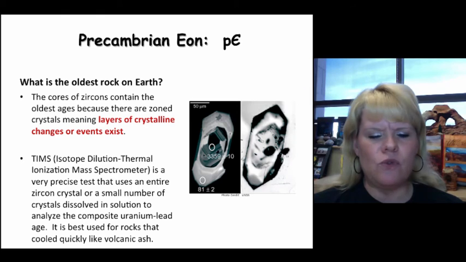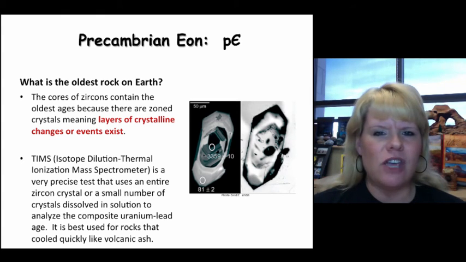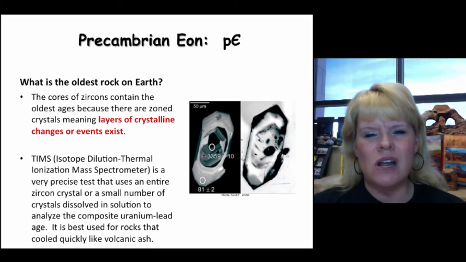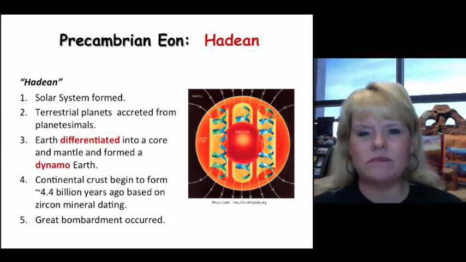It's best used for rocks that cooled quickly, things like volcanic ashes. So if you get rocks that have been heavily heated, metamorphosed, or impacted in some kind of heavy pressure, they're really not a good fit for this. You need rocks that crystallize quickly.